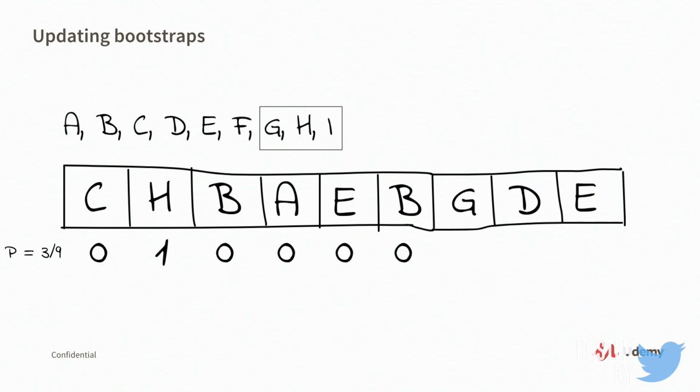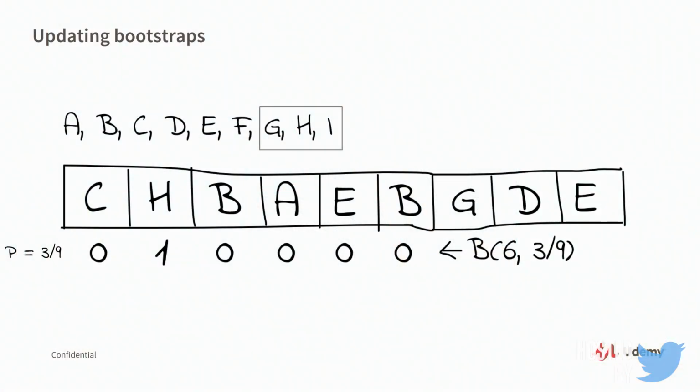So this is a way that you might be able to update bootstraps to reflect new data. And actually, we don't have to conduct a Bernoulli trial for each slot of this sequence, because the distribution of n independent Bernoulli trials is a known distribution called the binomial distribution.